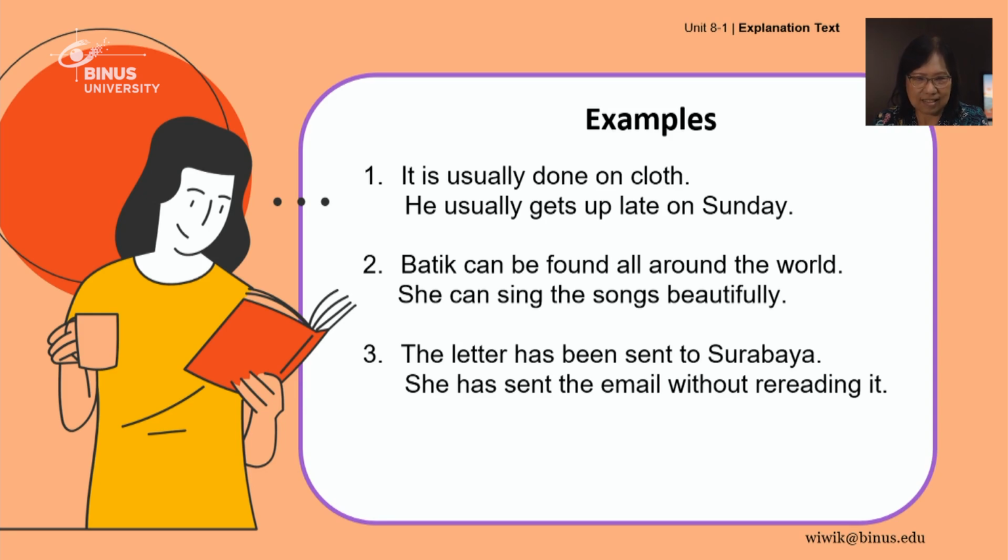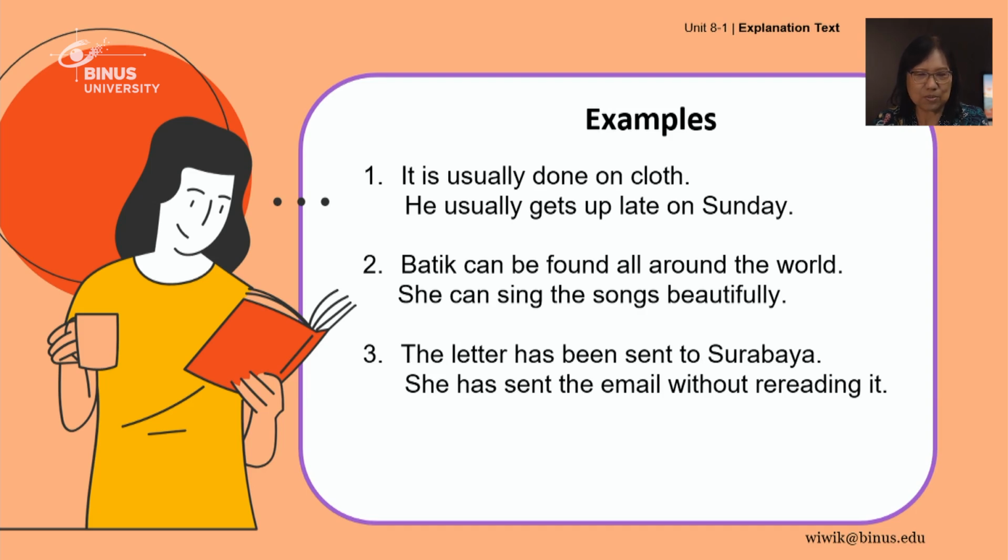And then another sentence, he usually gets up late on Sunday. So both of them use usually. And please look at the structure. The first one is usually done, and the second one is usually gets up late.